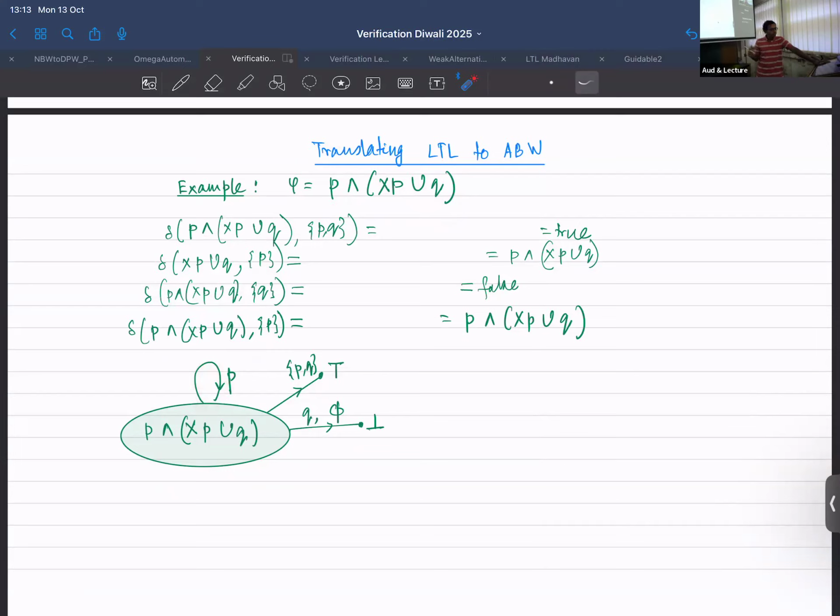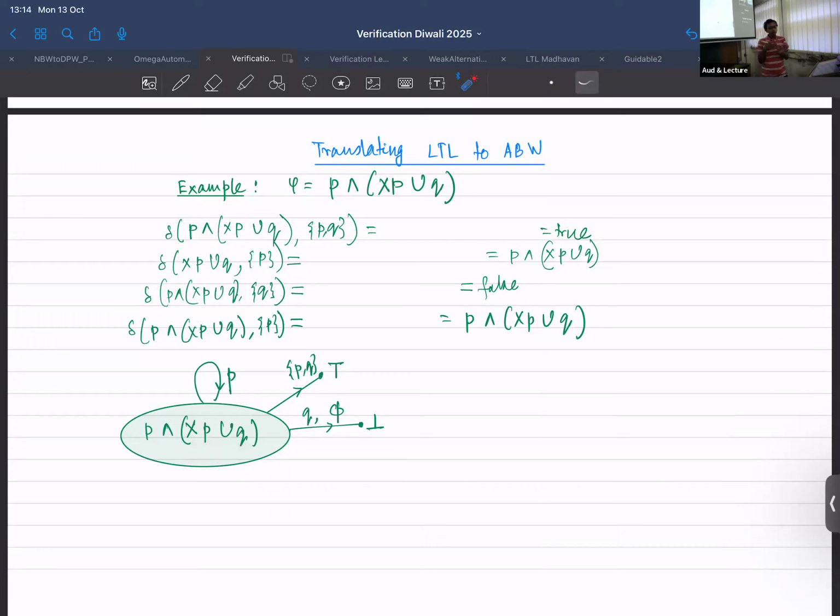And then at some point of time, because of the q here, and because of the next p, you'd like to see a p and a q occurring together. So what does it say? p has to hold, and also this until formula has to hold.